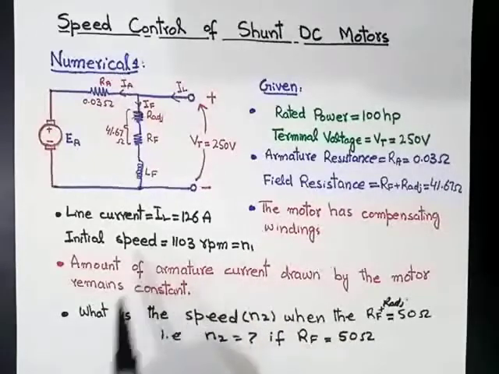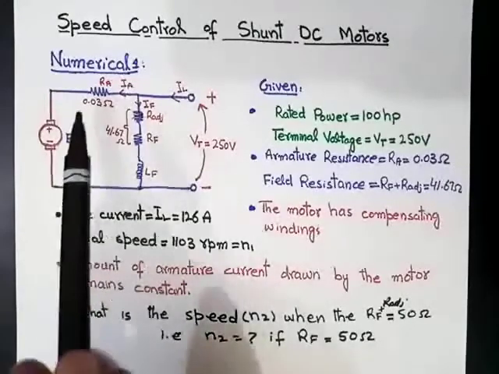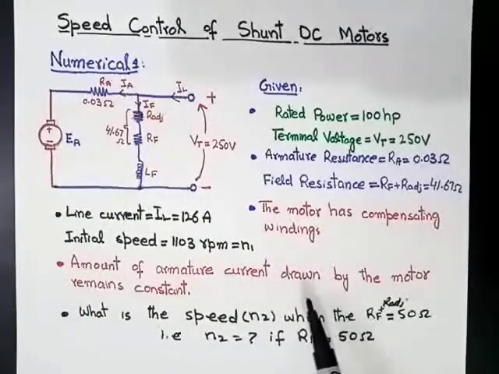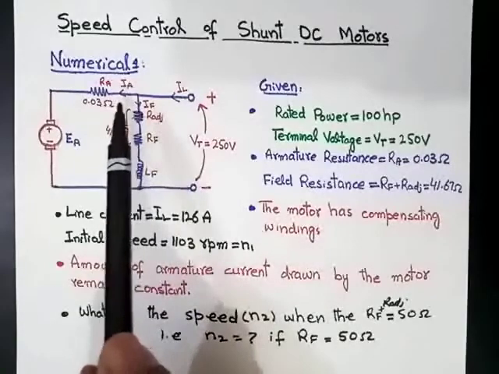The other important parameter given is the armature current Ia. The amount of armature current drawn by the motor remains constant. This point is very important. There will be no change in armature current in this particular problem.